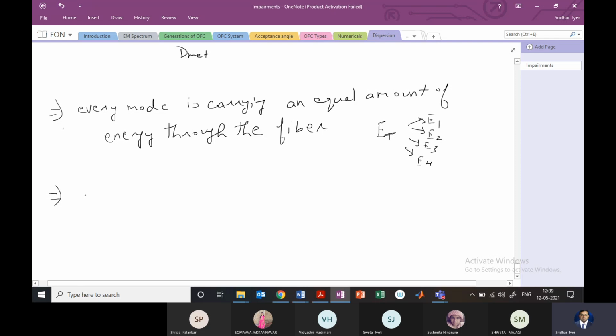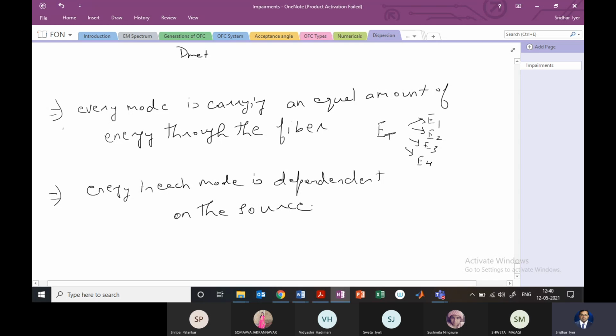In this case, the energy going inside the fiber, E1, E2, E3, this energy in each mode is dependent on the source. Why is it dependent on the source? Because the source is the one that is going to emit the light and hence the energy, right?